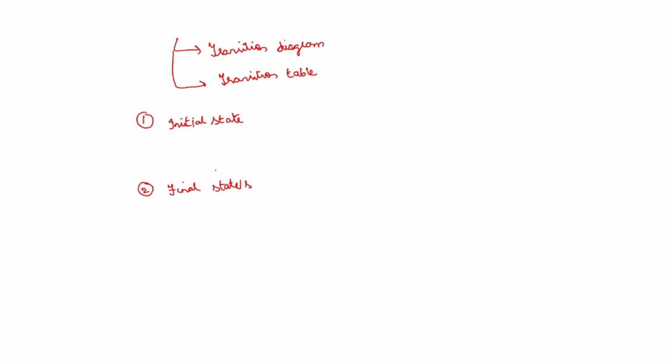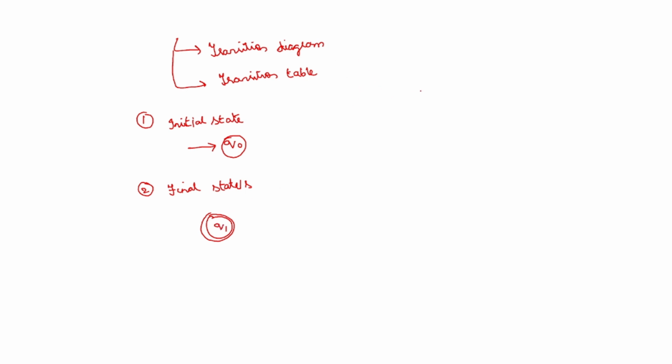We might have more than one final state also. So the initial state is represented with an arrow pointing inward towards it and the name mentioned inside the circle, and the final state is represented with a double circle and the name inside it.